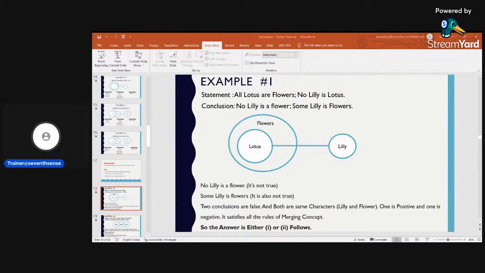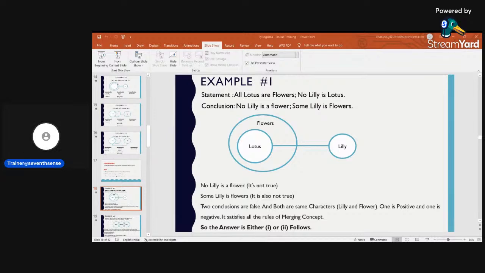In this syllogism, just remember these three concepts: how to draw a Venn diagram and make conclusions, the merging concept, and this possibility table. If you are aware of these three, you can easily score your marks.